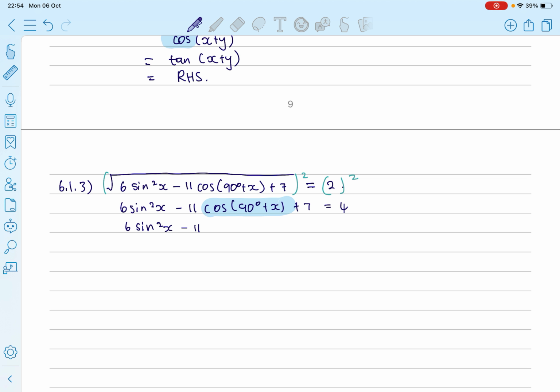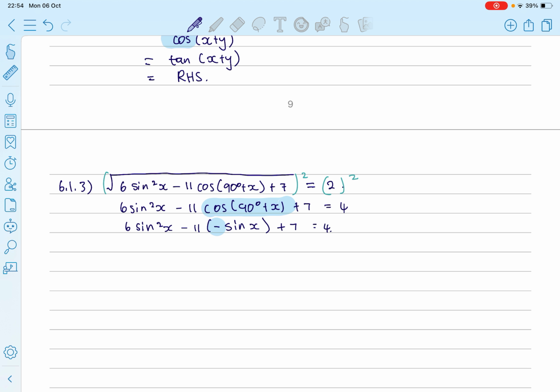And in the second quadrant, cos is negative. So then our answer is going to be negative sine x. Even though sine is positive in the second quadrant, the original form is that of cos. So therefore, we still keep the negative. And then here, plus 7 is equal to 4.